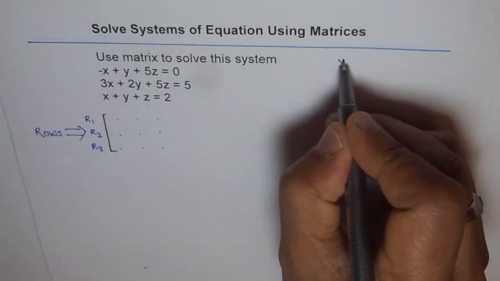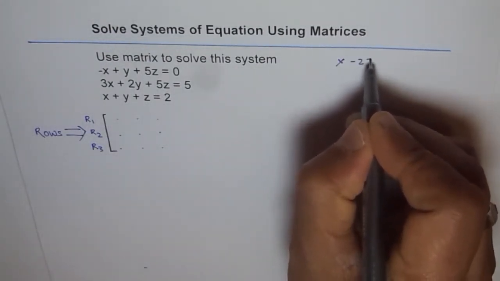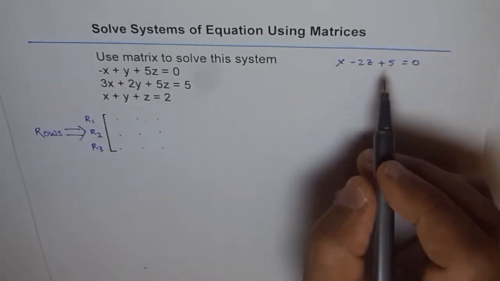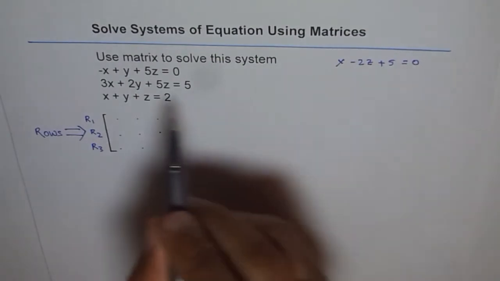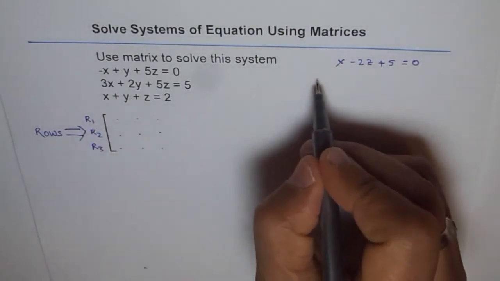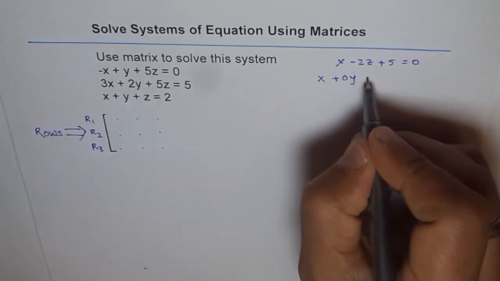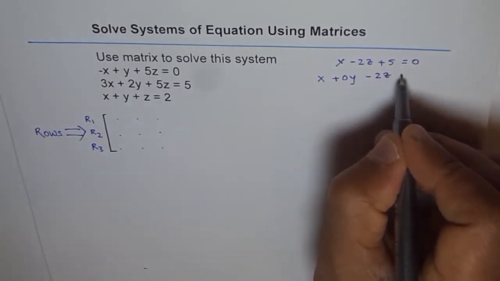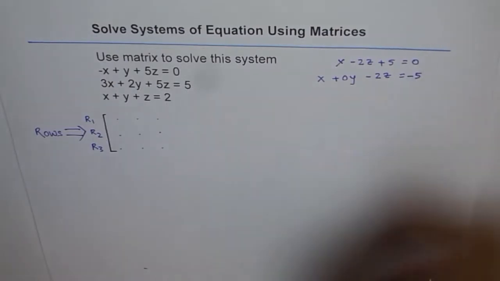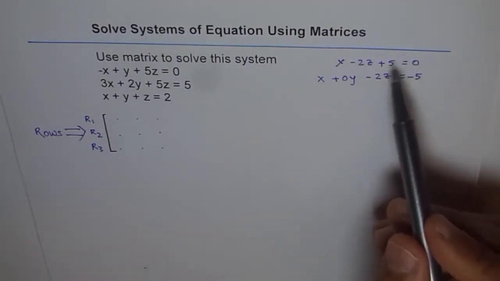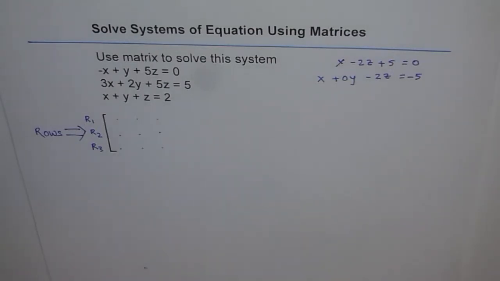If I have the equation x minus 2z plus 5 equals 0, then I'll prefer you to write this equation with all three variables as x plus 0y minus 2z equals minus 5. So that is also a step which is very critical. Reorganize your equation, and that is, I will say, the first step before even filling in values in the matrix.